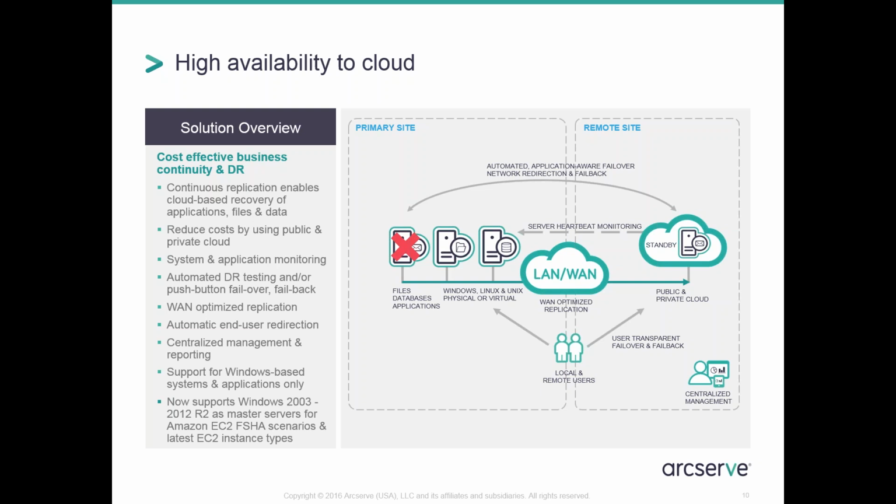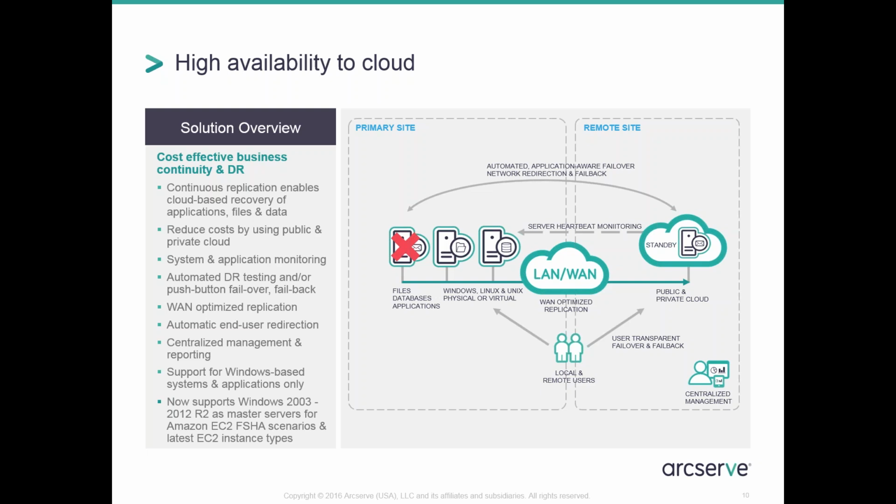So very, very powerful. You don't have to have a secondary data center. You don't have to have any investment in hardware or anything. Obviously, you're leveraging, in this case, public cloud, and in this case, Amazon. So in the future, there may be more providers that we support with this high availability option.